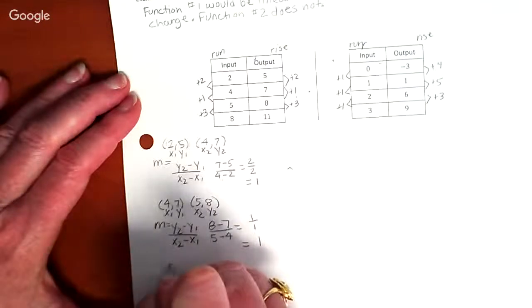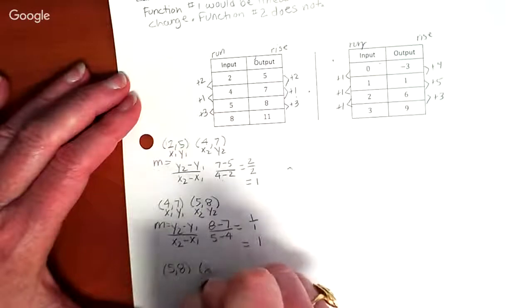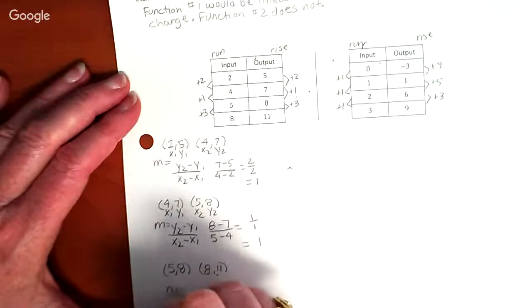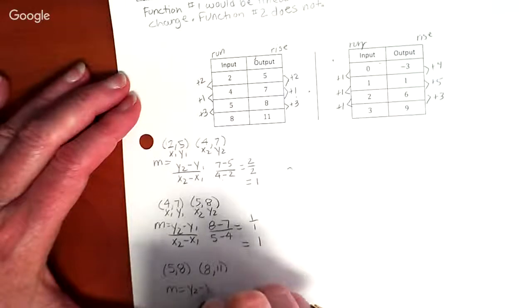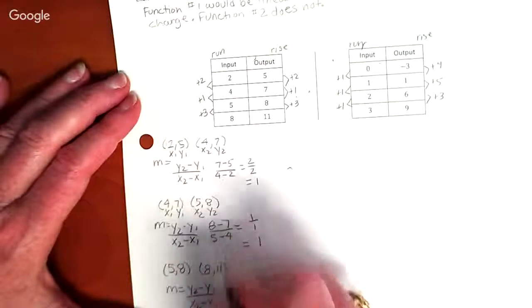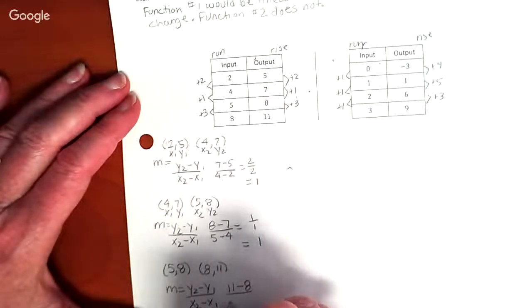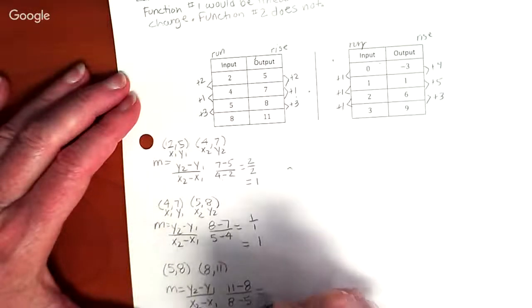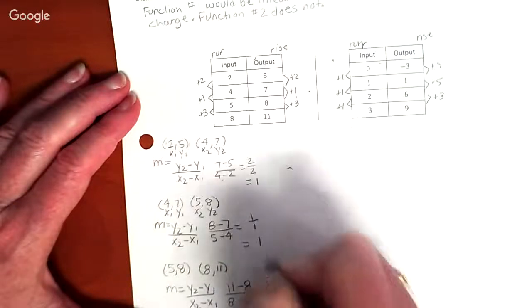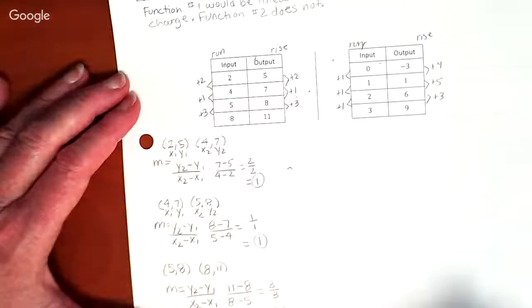Our last one, we have 5 comma 8 and 8 comma 11. So m equals y2 minus y1 over x2 minus x1. So for that one, we have 11 minus 8 over 8 minus 5, which equals 3 over 3, which equals 1. So all of these have the same rate of change.